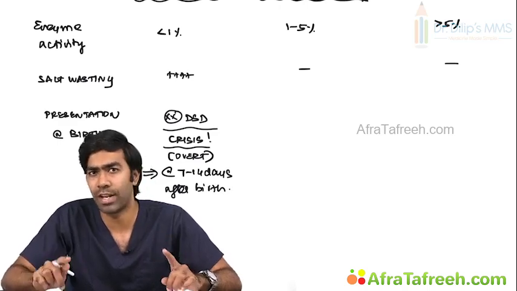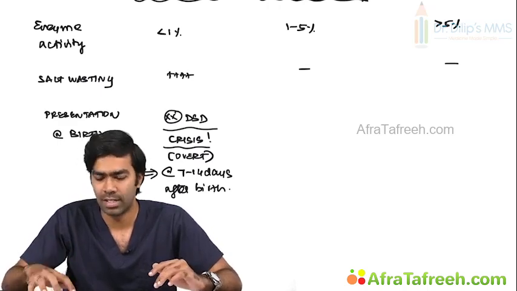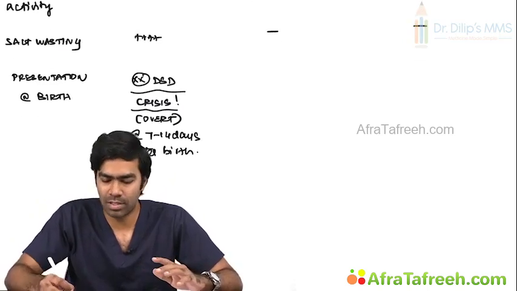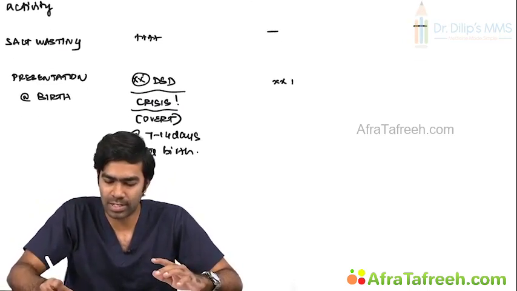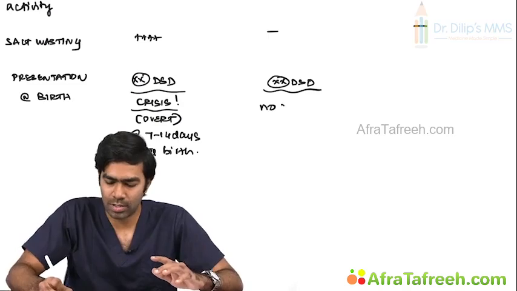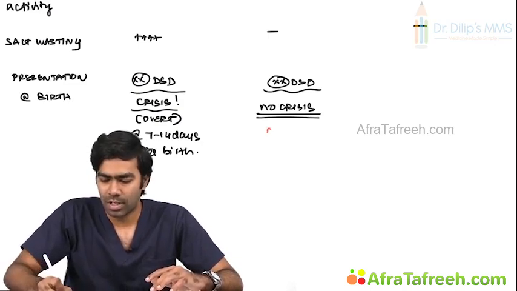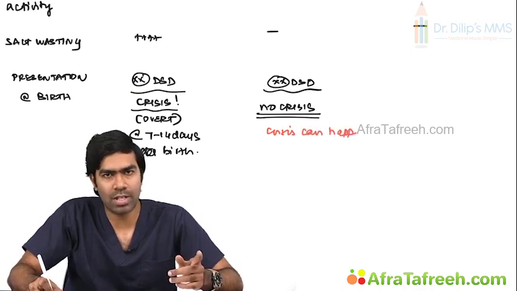These kinds of children, if you fail to identify this condition during the birth itself. So what will be the presentation at birth in the simple virilizing form? These children will have only XX DSD, but there will be no crisis because there is no salt wasting. But remember, crisis can happen because these people also have cortisol deficiency.